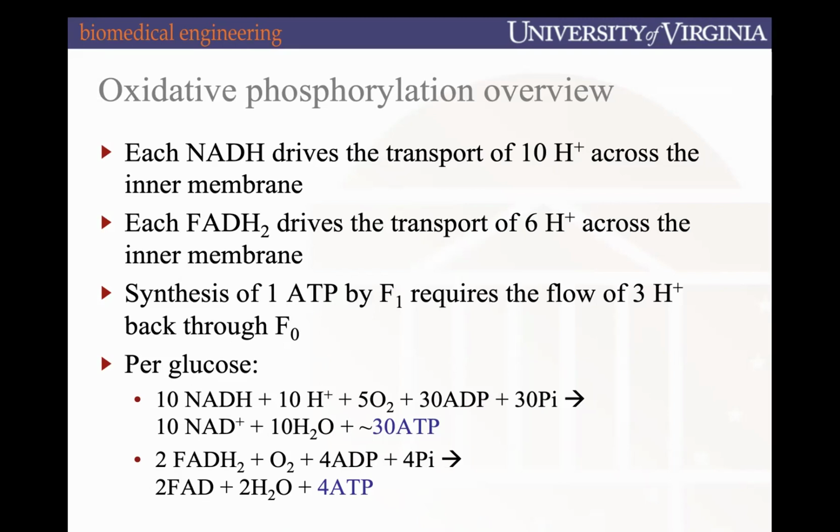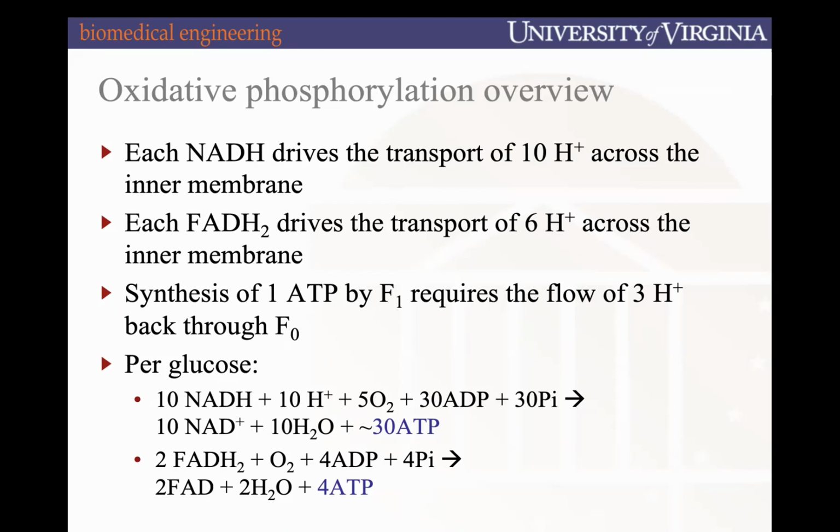So in oxidative phosphorylation specifically, for every molecule of glucose, when we have 10 NADH reducing equivalents given in, there's going to be approximately 30 ATP generated.